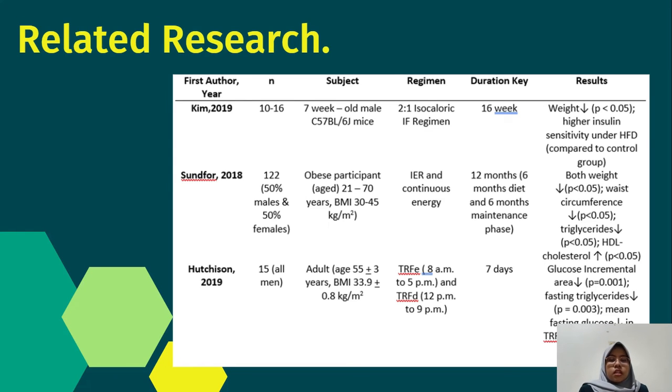And the last is by the author Hutchison in 2019, with the subjects being adults aged 55 plus or minus 3 years with a BMI of 33.9 plus or minus 0.8, and the regimen is TRFE from 8 AM to 5 PM and TRFD from 12 PM to 9 PM.